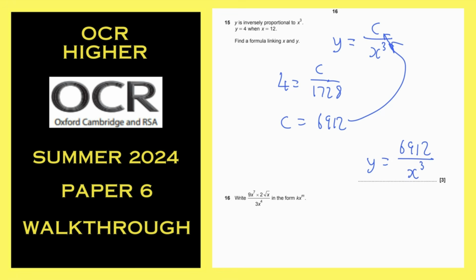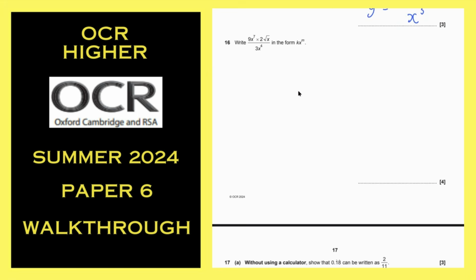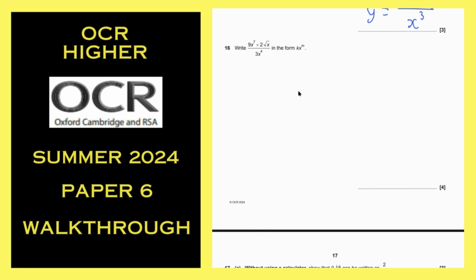X cubed. Number 16, laws of indices. Deal with the numbers first. The 9 times the 2 on top is 18, divided by the 3 on the bottom is 6. Next bit of knowledge required. Root means power of a half.